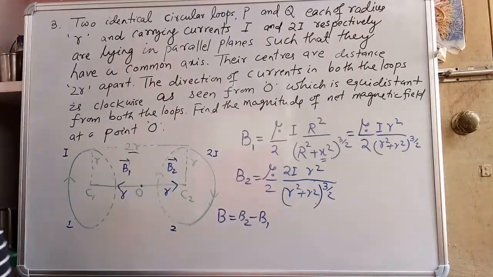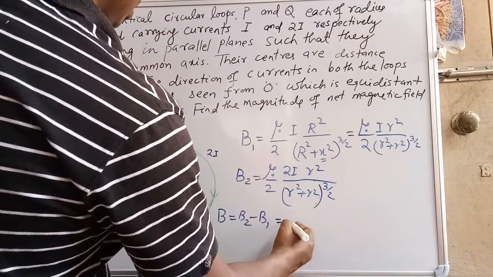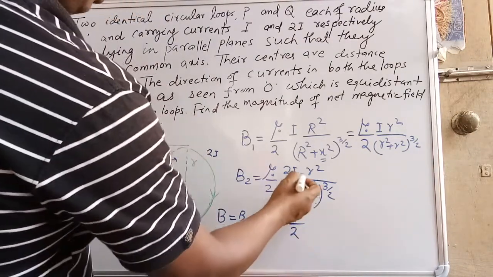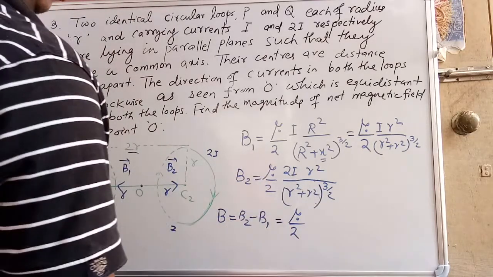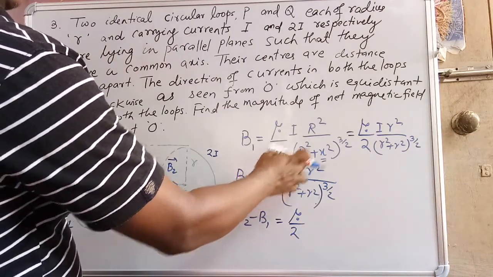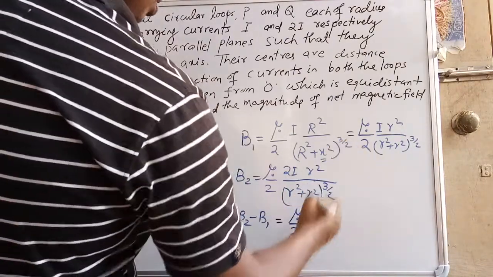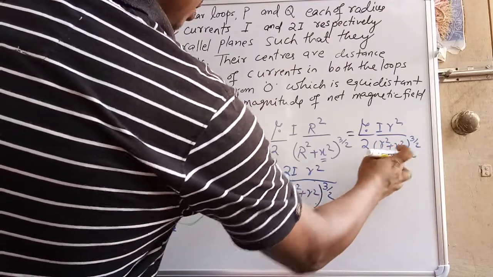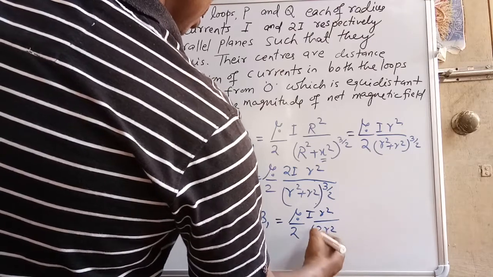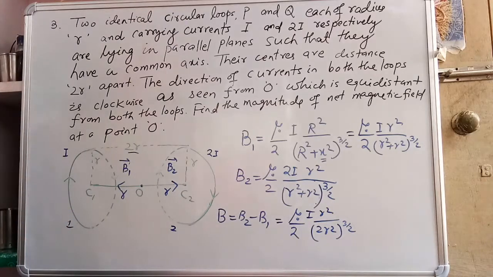When we substitute the values, we get mu naught by 2, with r square plus r square to the power 3 by 2 taken common, and I also common, 2 minus 1 is 1, so mu naught by 2, I r square by 2 r square to the power 3 by 2. So this is the net expression, towards right.